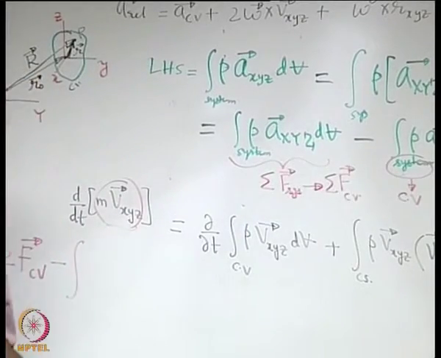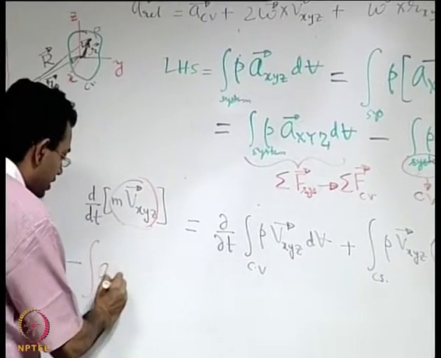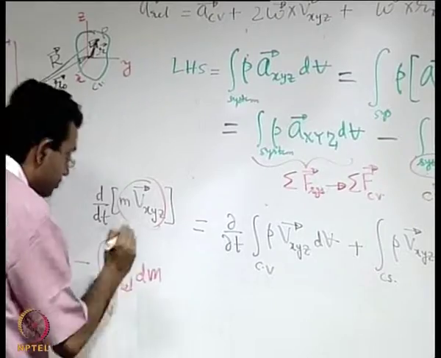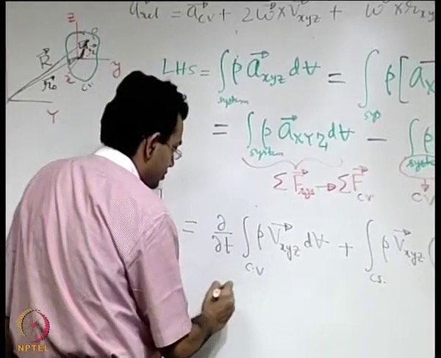So, it is like integral of a relative dm, is equal to the right hand side, whatever is there.